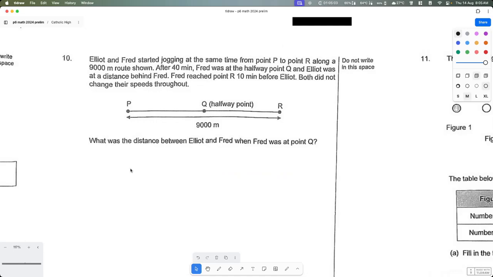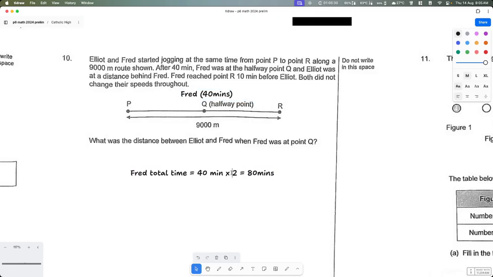So first, we know that Fred's total time, since after 40 minutes is halfway, is basically 40 minutes times 2, which is equal to 80 minutes. Okay, so Fred is 40 minutes over here.